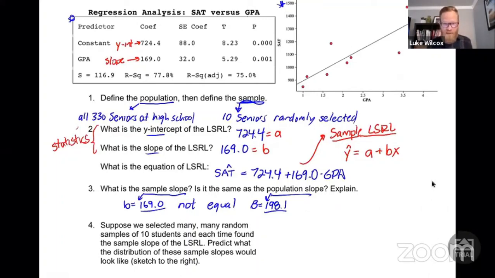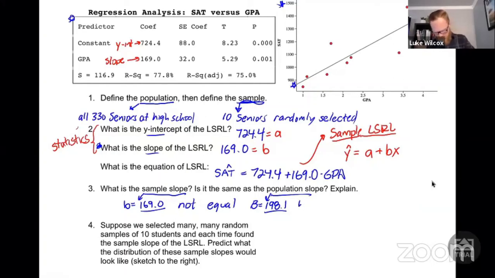The reason is, when you take a random sample of 10 students, every time you take a random sample of 10 students, you're going to get a different sample of 10 students. Sure enough, this line of best fit is going to be a different line of best fit. And every time you calculate a different line of best fit, you're going to have a different slope value. So at the heart of this is the idea that we are taking a random sample, and we know that random samples produce sampling variability.